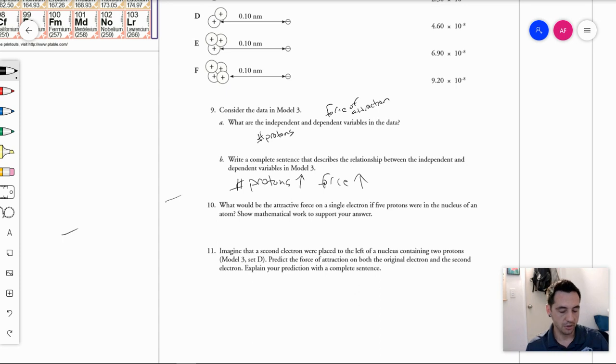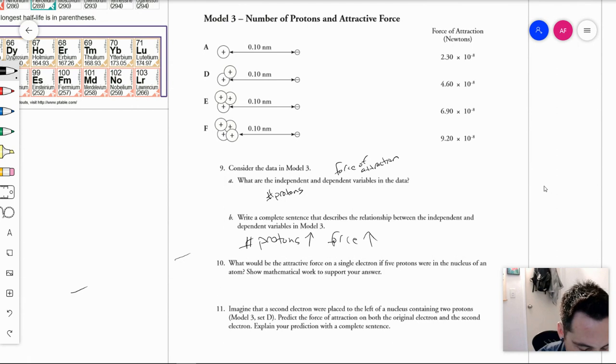What should be the attractive force on a single electron if 5 protons were in the nucleus? If you look here closely, every time you move up, you're adding 2.3 times 10 to the negative 8th. Same thing here.